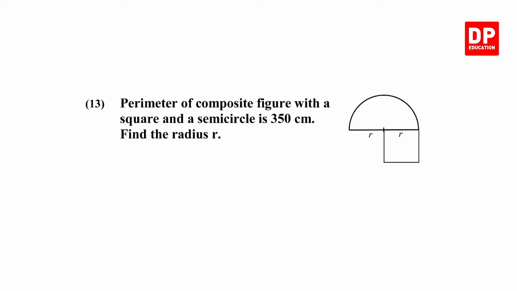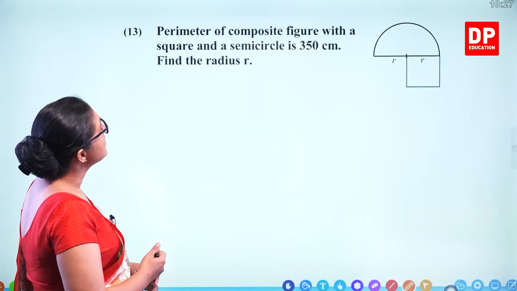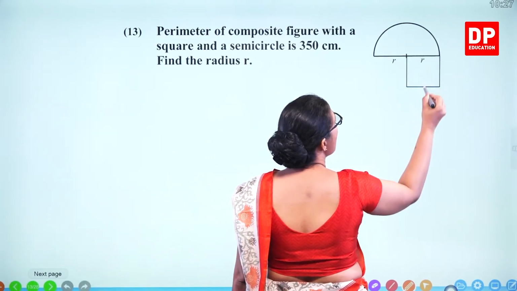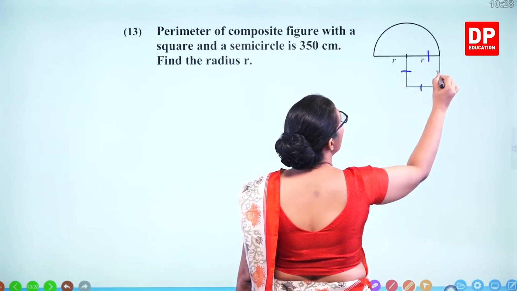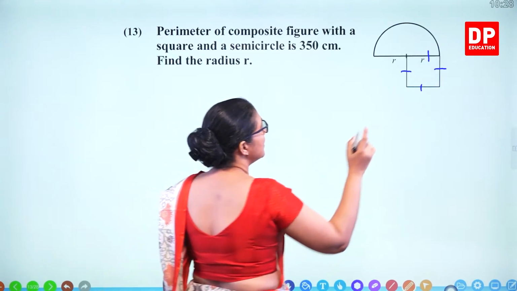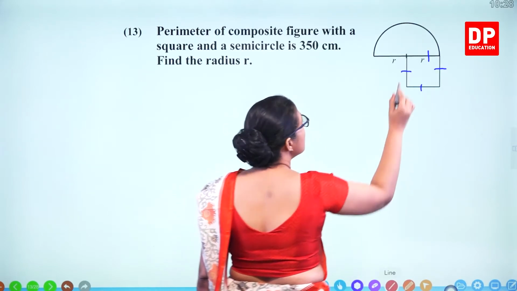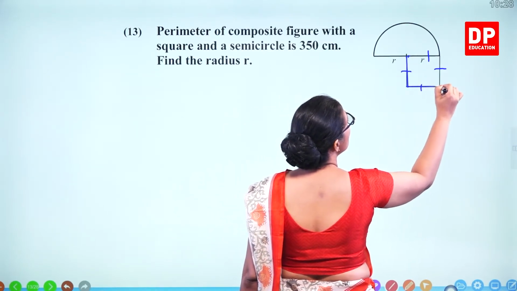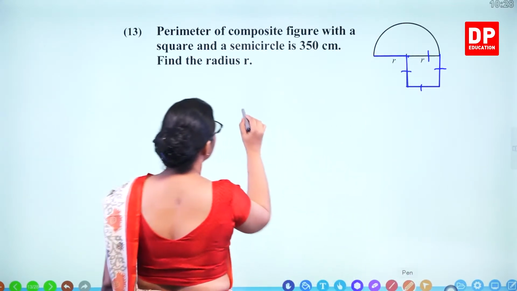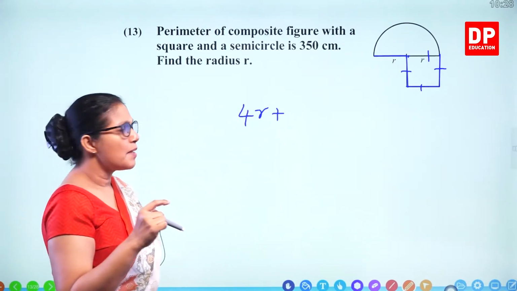Question number 13. Perimeter of the composite figure with a square and a semicircle is 350. So this is r, this is a square, all sides r. So perimeter, how many r's are there? 1, 2, 3 and 4. 4r plus arc length of semicircle.